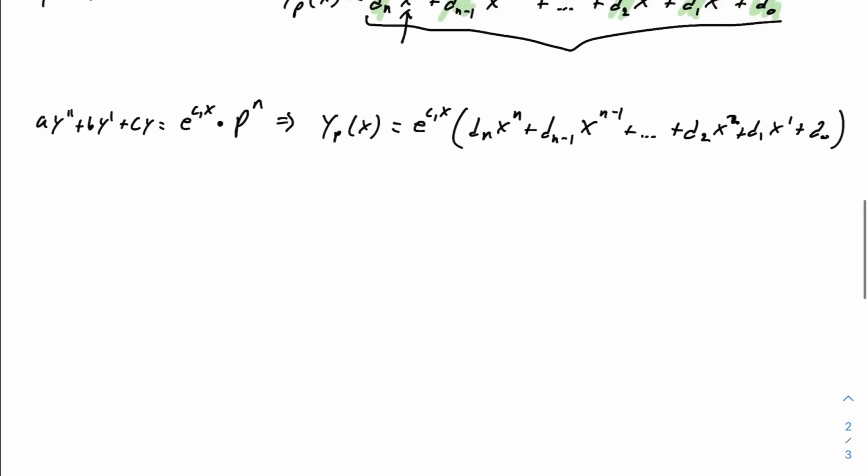So as we can see here, just like how we multiply these two together, we just multiply our two guesses together for our y particulars. So if your course is rude enough to give you a problem like that, this is all you have to do.